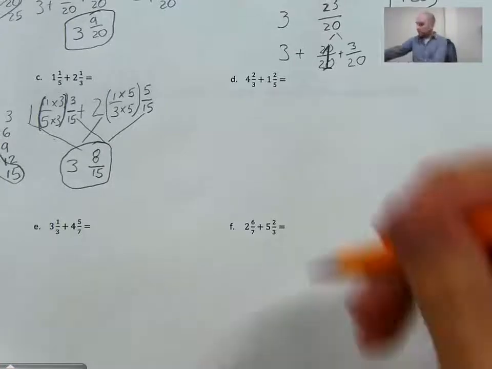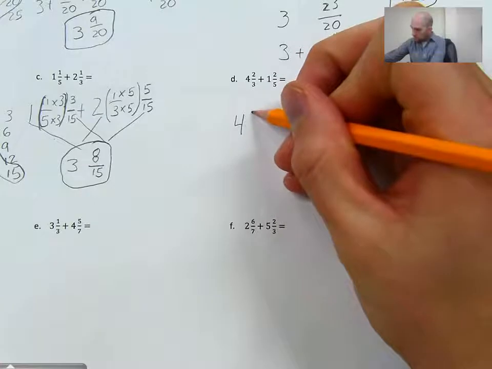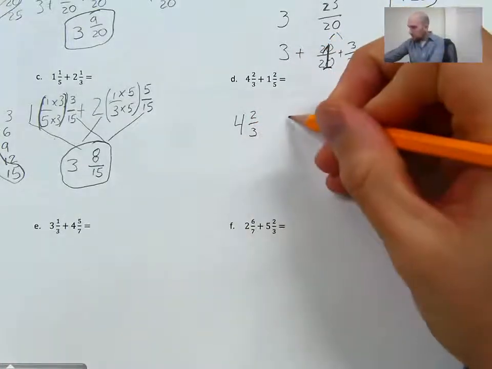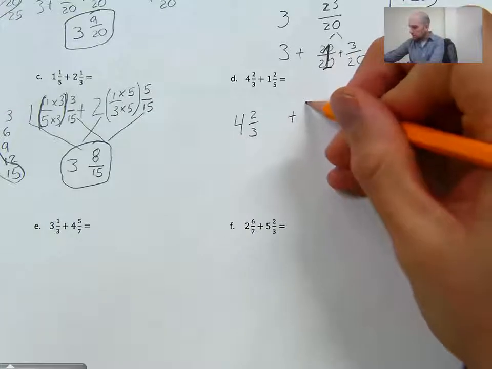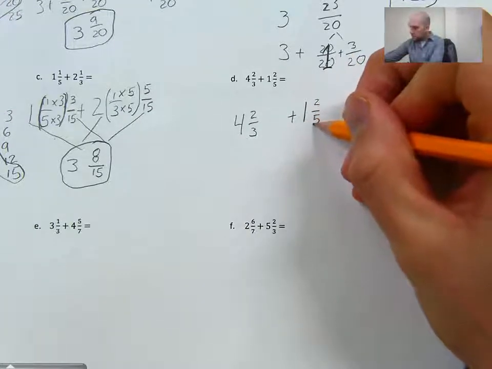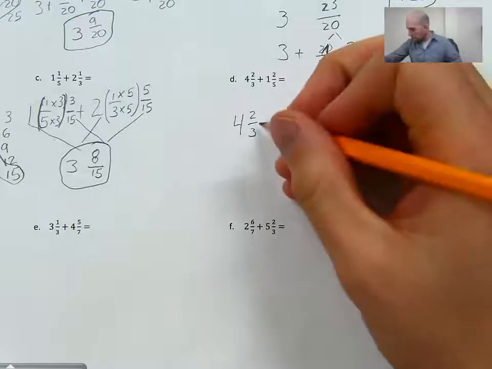Letter D. We have 4 2/3 plus 1 2/5. We know that our common denominator between 3 and 5 is going to be 15.